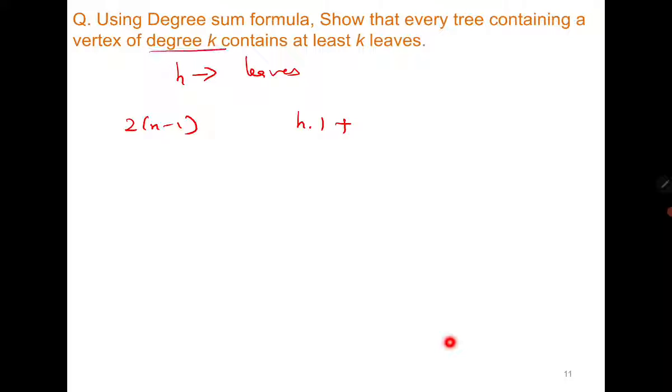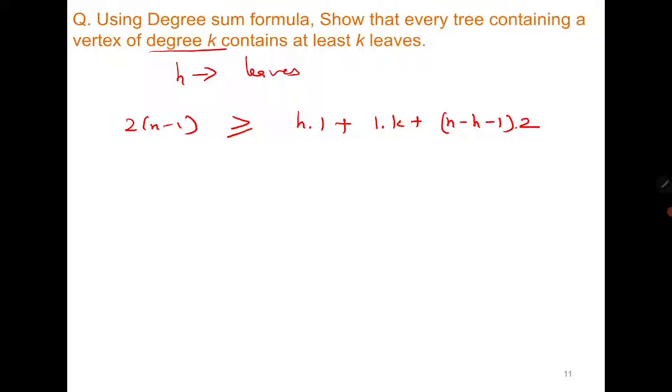There is one vertex with degree k, so 1 times k, and now the remaining vertices are n minus h minus 1. They are not leaves, therefore their degree is at least 2.